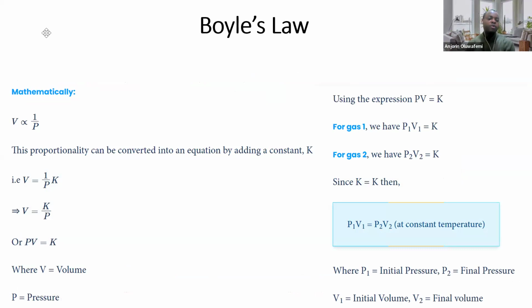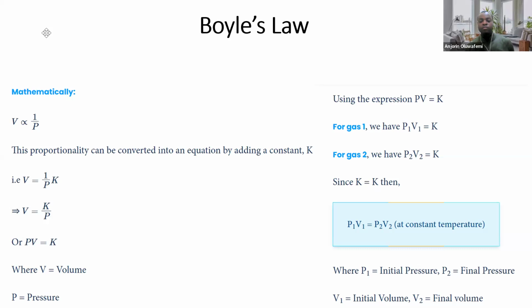So this proportionality can be converted into an equation by adding what we call a constant, which is K. So V will be equal to 1 over P, multiplied by K. So V will be equal to K over P, or PV equals K. I think we understand up to this point. Still basic, okay?